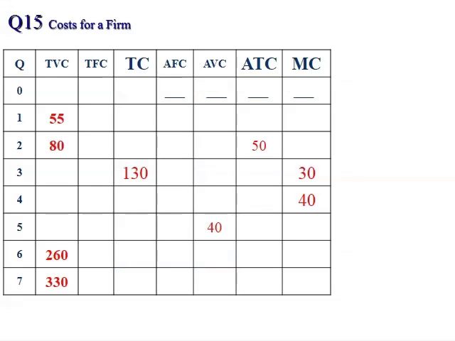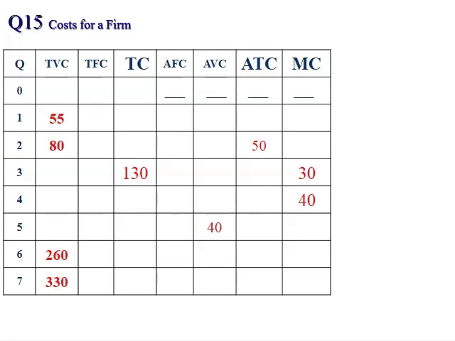And now we've arrived at a table that I'm going to get you to complete. What you need to do is look at the top column and identify the relationships. Remember, Q, of course, is quantity or output. And you've got up to 7 units of output. What you've got to do is actually find the correlation between, for example, these three.